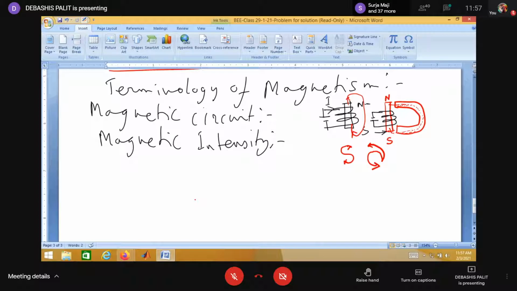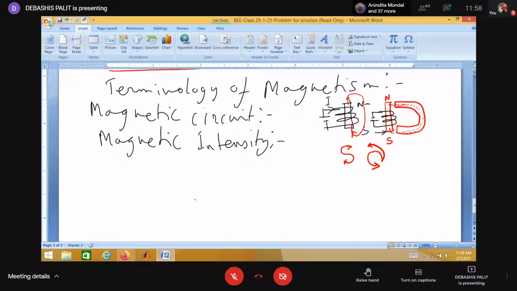Now, what is your magnetic intensity? I think you have already studied this. Magnetic intensity can be defined as the field strength at a point in a magnetic field. That is the force acting on a unit north pole. A magnetic medium is created by any magnet.